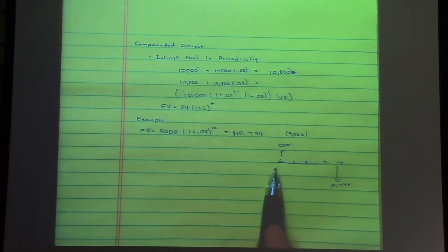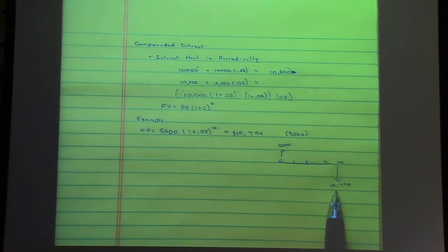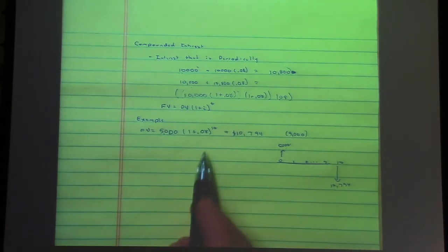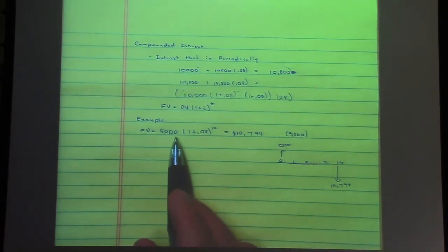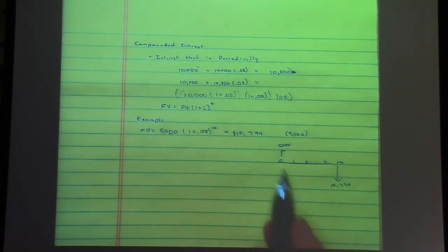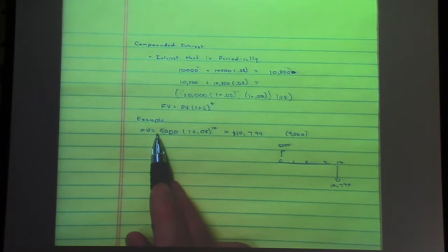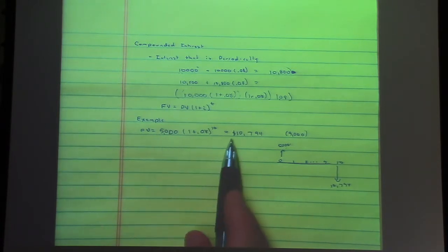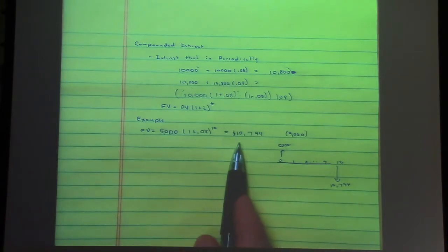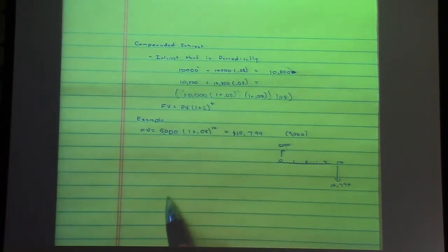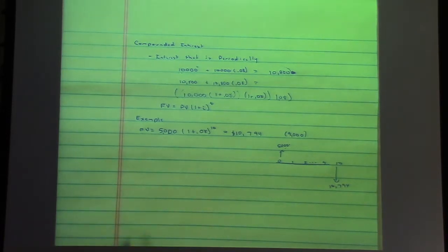This is assuming that you pay the loan back in one lump sum in year 10. Now, on the other hand, if this was an investment that we were making, then the $5,000 that we're investing would represent a negative cash flow, and in year 10 we would receive a positive cash flow of the $10,794. So I hope that helps you.